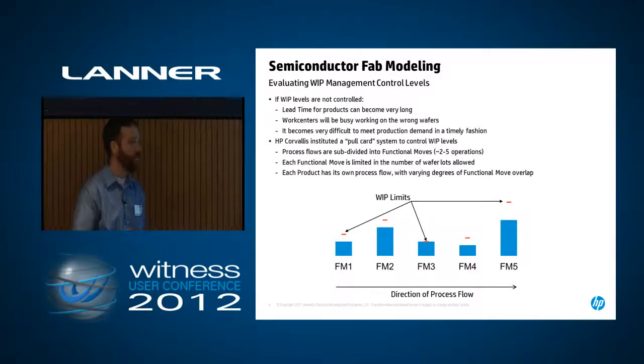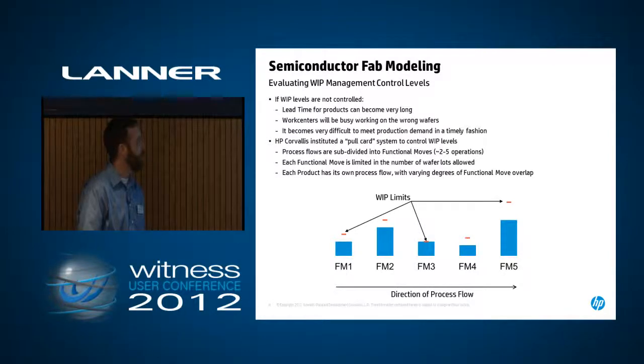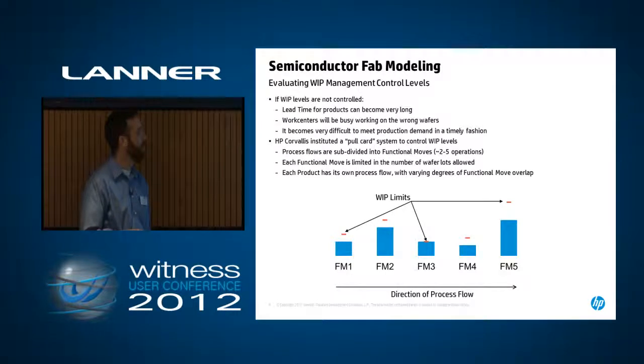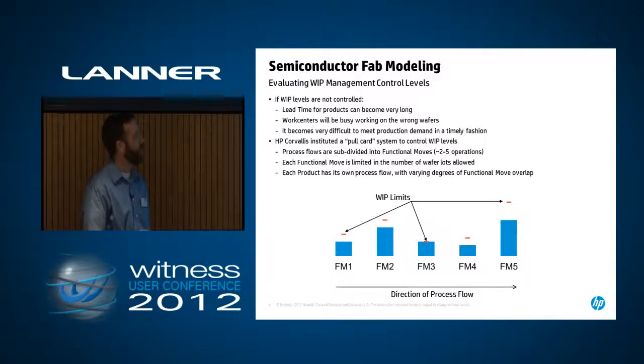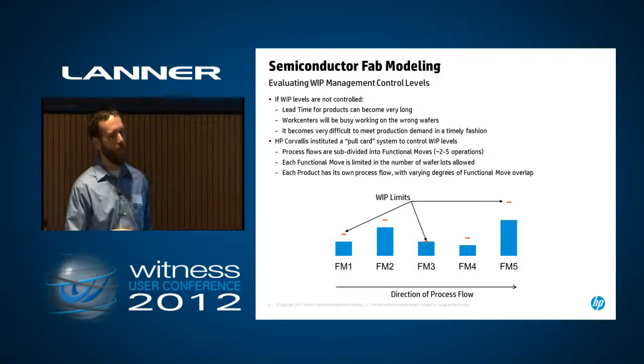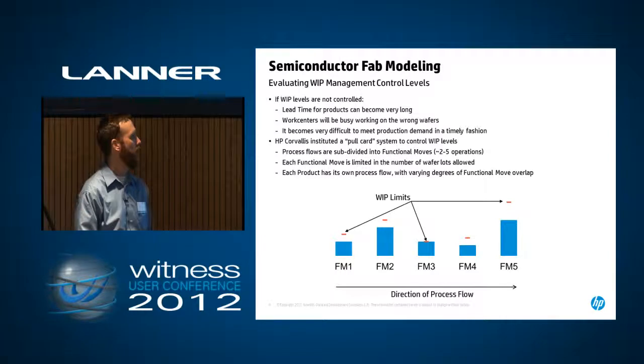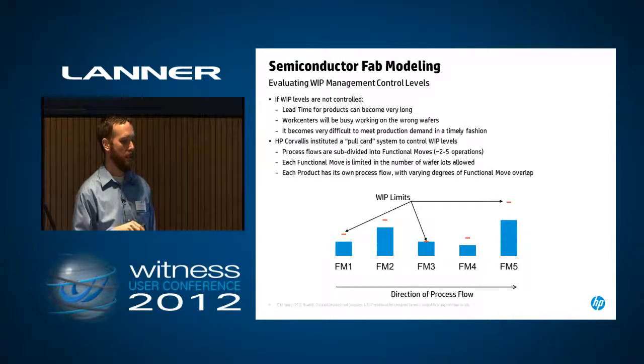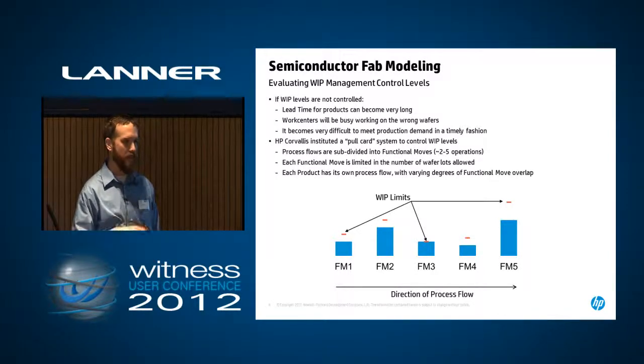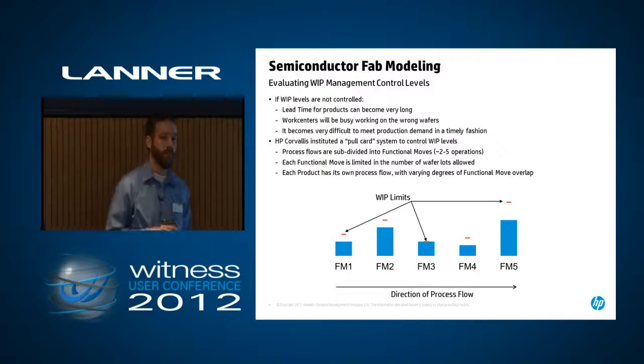And so you'll just select whichever wafer lot looks good to you. You'll select it, process it, and what can happen is that the work in process will just build up everywhere. You'll have very little actual throughput, and you end up concealing production issues until it's too late to respond effectively.